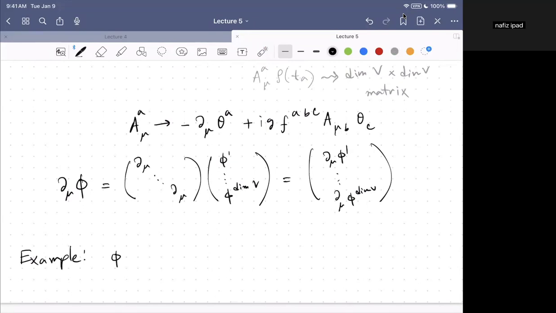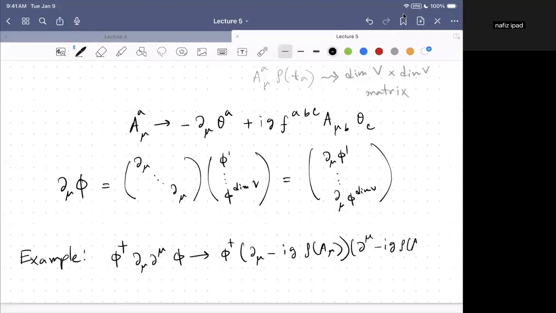When I say scalar, I mean scalar with respect to spacetime, but you will have multiple components because it will be valued in some vector space V. And then the kinetic term for the scalar field, before you do the gauging, when you just have the global symmetry, it will be, so ∂_μ squared simply means ∂_μ φ† ∂_μ φ, and after gauging, ∂_μ minus i g A_μ acting on φ.